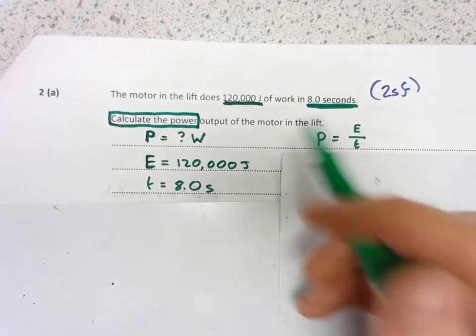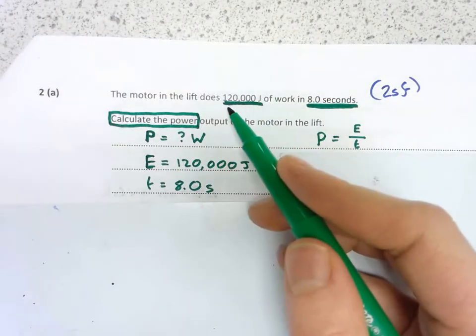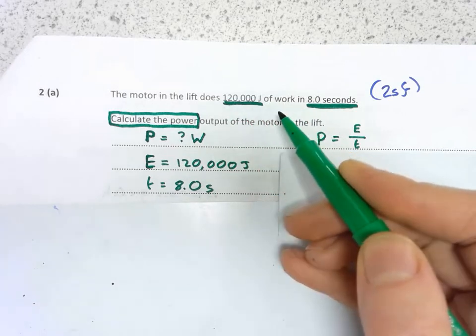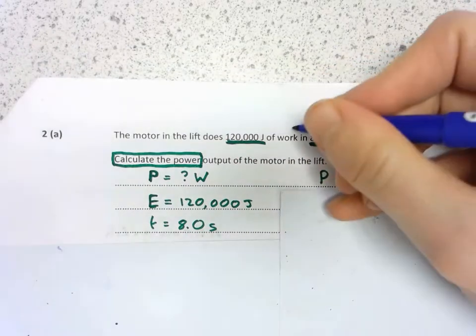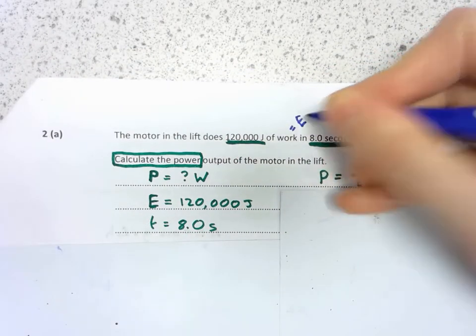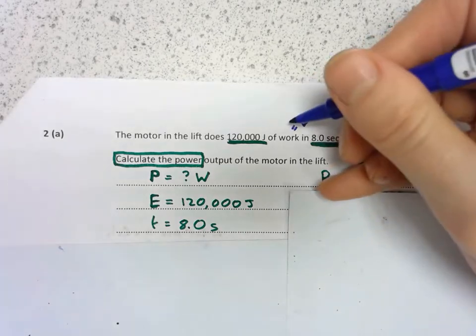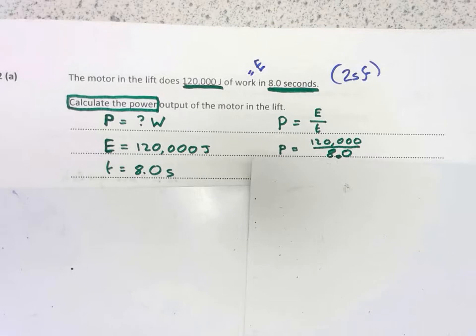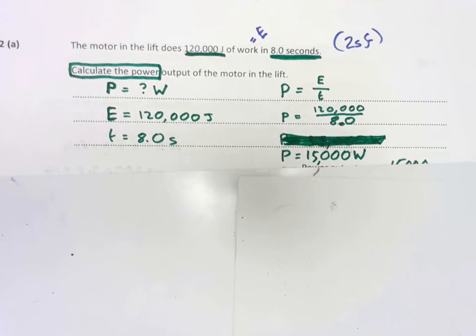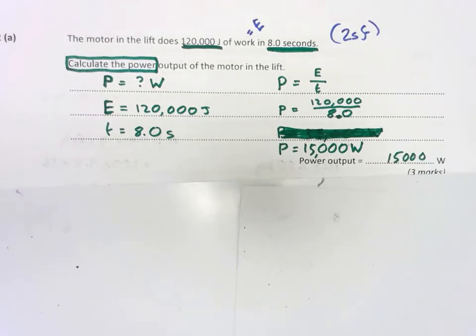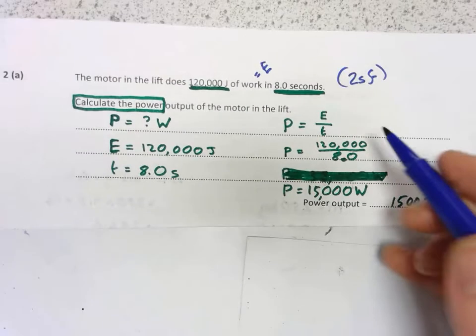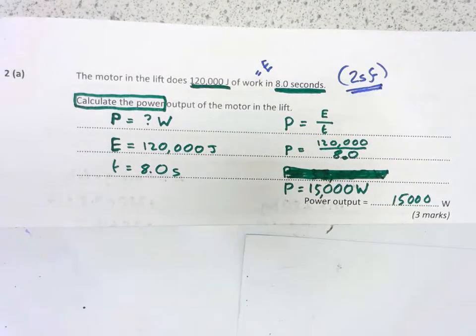I know it's 120,000 joules of energy transferred, because work done equals energy transferred. I can write that then as 120,000 divided by 8, summing my values, and if I do that calculation it gives you 15,000 watts, rounding to 2 sig fig. And I've rounded to 2 sig fig because my values in my question were to 2 sig fig.